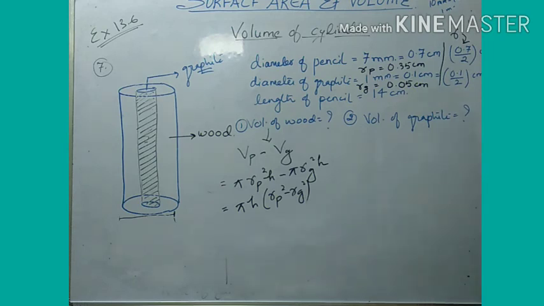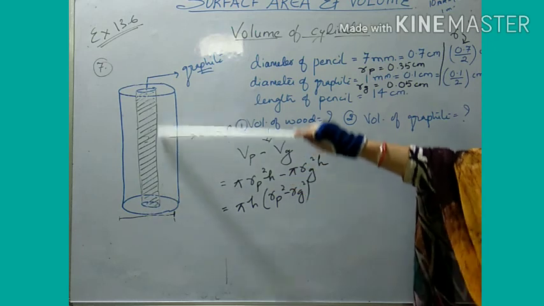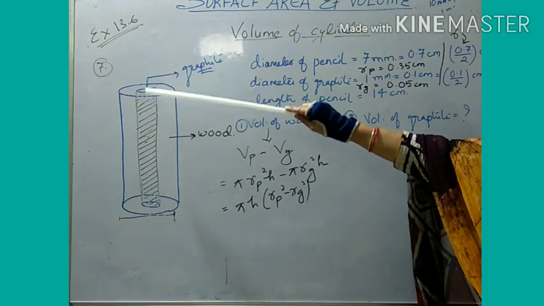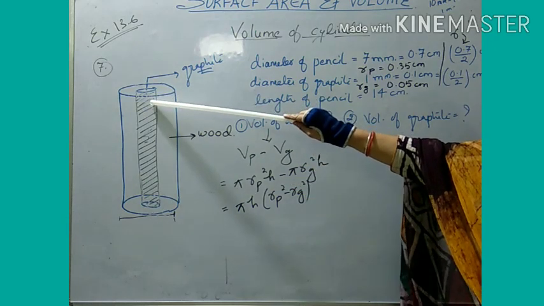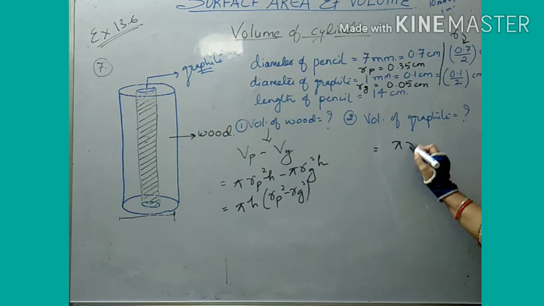Now putting the value, you can get the volume of the wood. And in the next problem, we have to find the volume of graphite. Volume of the graphite means this portion. So what will be the volume of this? Simply we have to find the volume. So pi r g square h, है ना? Volume of graphite क्या हो जाएगा? Pi r g square h. Now put the value and get your answer.